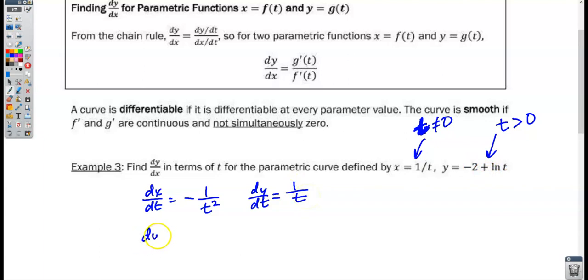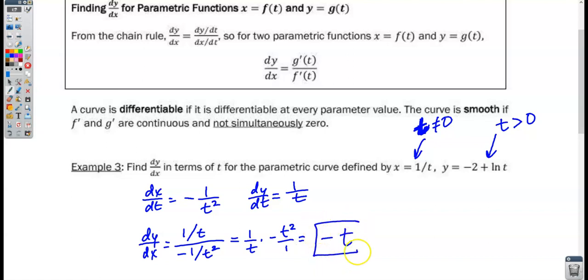And so now dy dx is going to be equal to dy dt divided by dx dt. And then all I want to do is simplify this to get my derivative. I can just go ahead and multiply by the reciprocal, and we end up with dy dx being equal to negative t. And so that's our derivative, dy dx in terms of t.